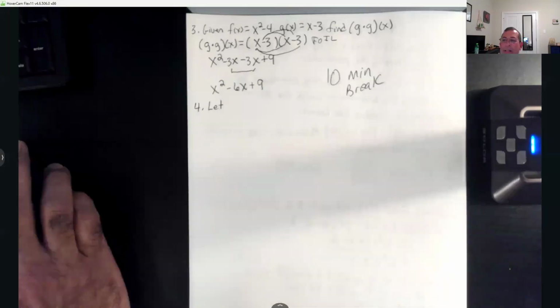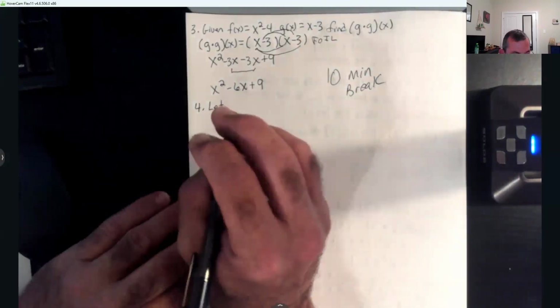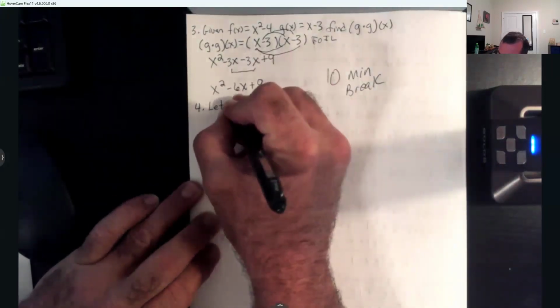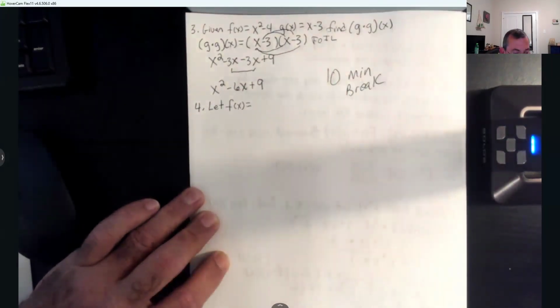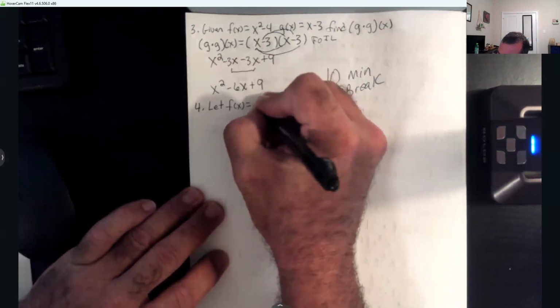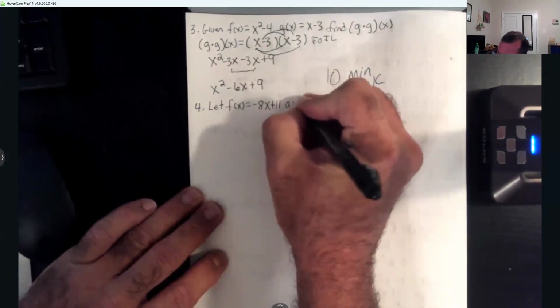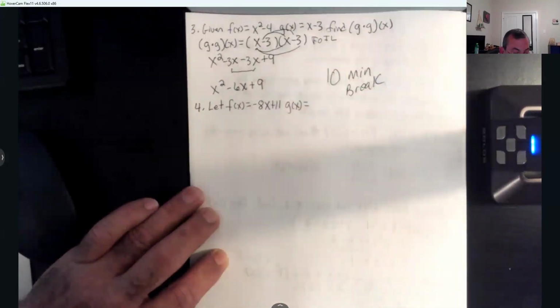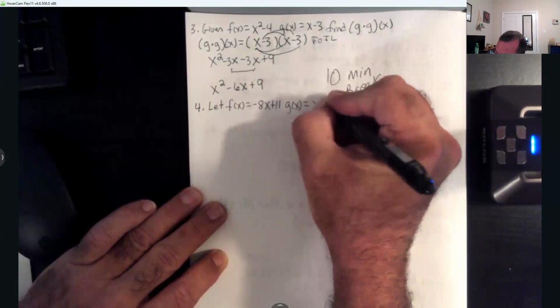Hey, also, like I said, this number 4, they're going to give us numbers in this one. So let me show you. They're giving me, let f of x equal negative 8x plus 11. G of x is going to equal x squared plus 18.